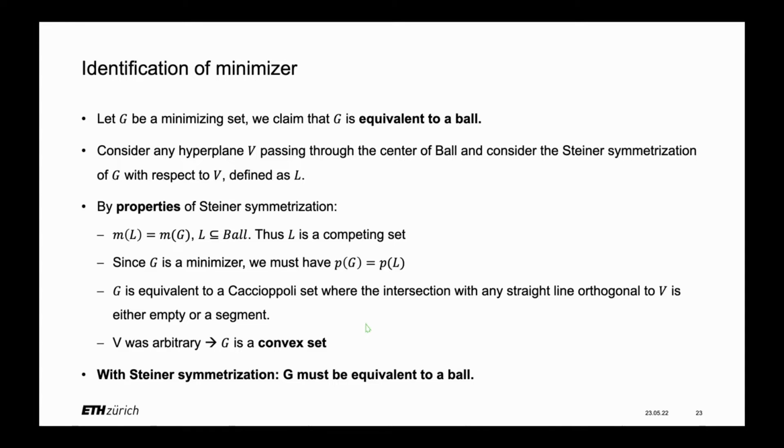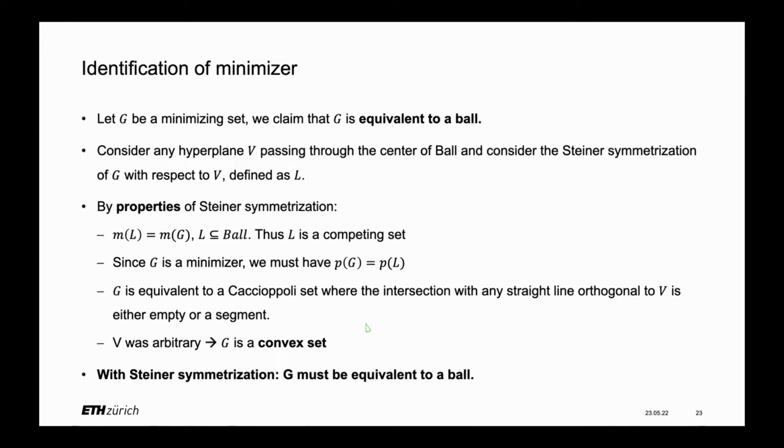What that means is, as we've seen before, it could be bigger or equal. In our case here, G is a minimizer, so the equality holds. So G is equivalent to a Cauchy-Poly set where the intersection with any straight line orthogonal to V is either empty or a segment. Using this property, and since V is also arbitrary, we will conclude that G is exactly a convex set.